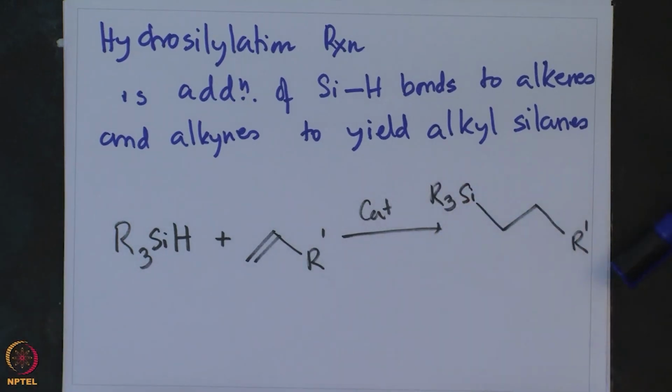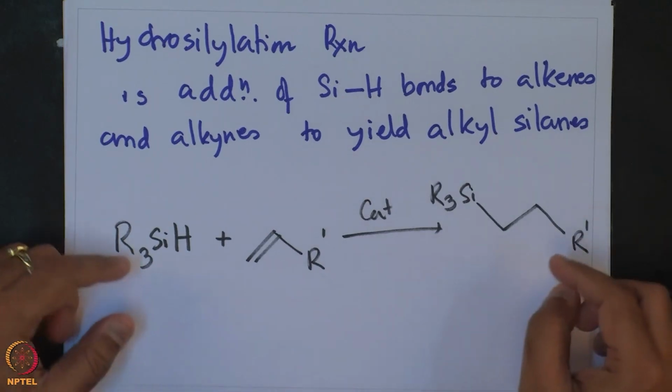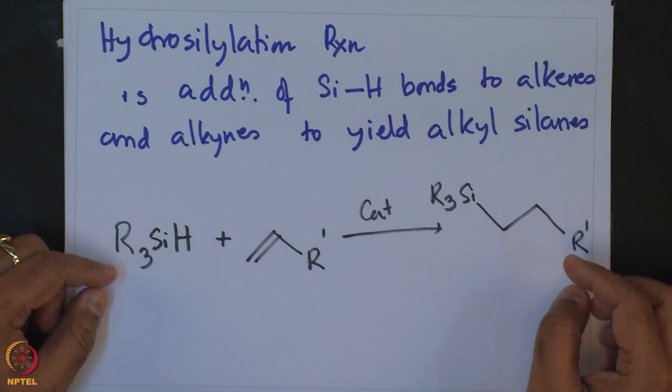So, similar to the other addition reactions that we have been talking about, hydrosilylation also is an effective method to form carbon silicon bonds by addition of Si-H bonds to alkenes and alkynes.